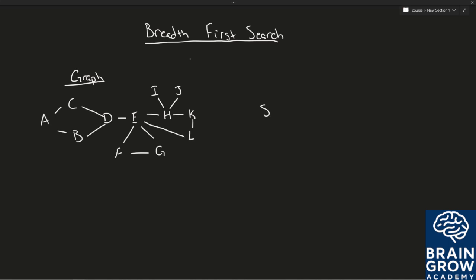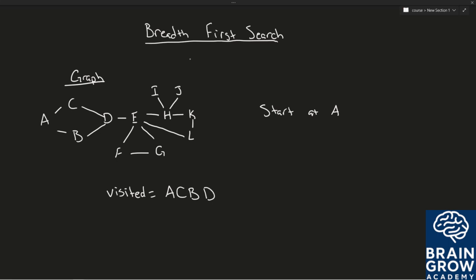So we are going to start at A, and then our visited is going to be like this. So we'll go from A. From A we can go to C. At the same depth we also have B, so we can go from A to B. From C and B they both go to D, so that's an obvious one.